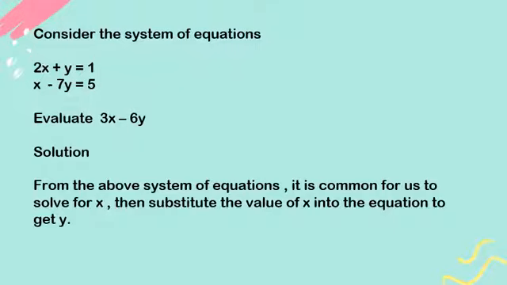If you are to use the elimination method, I am going to multiply the first equation by 1 and the second equation by 2, so that my new equation 1 is 2x plus y equals 1. Of course, you see nothing changes.